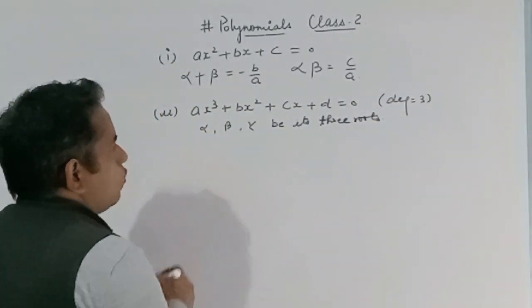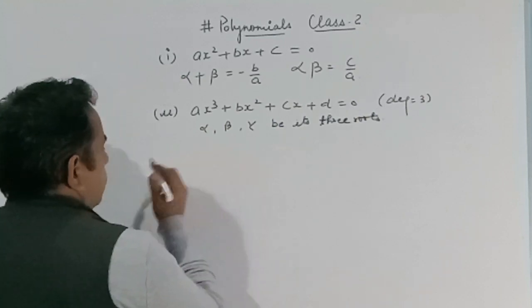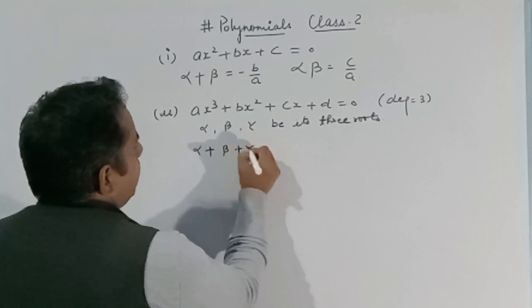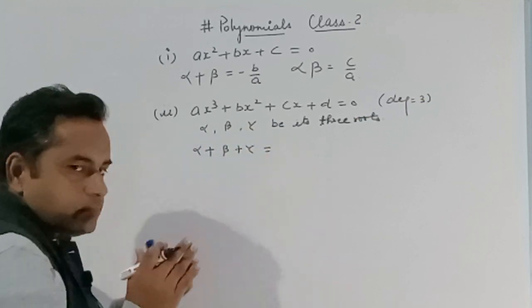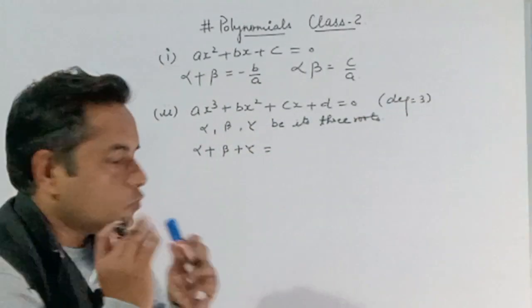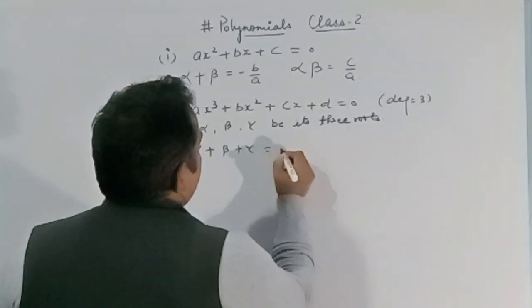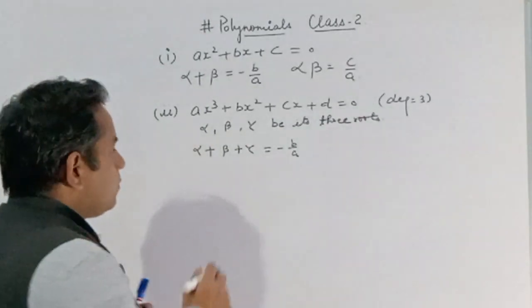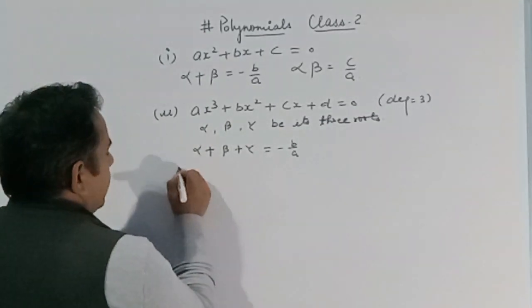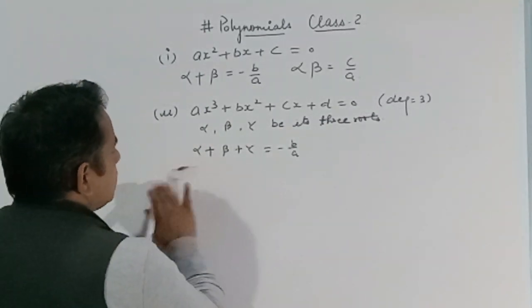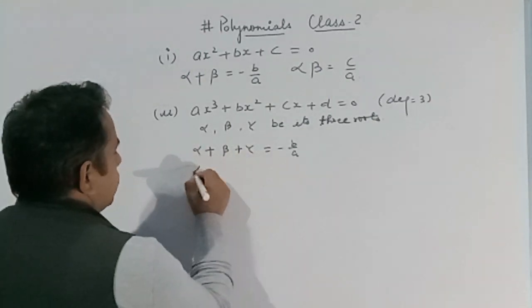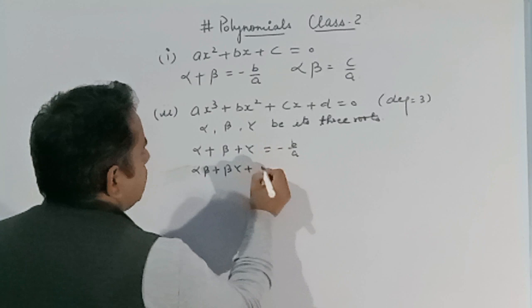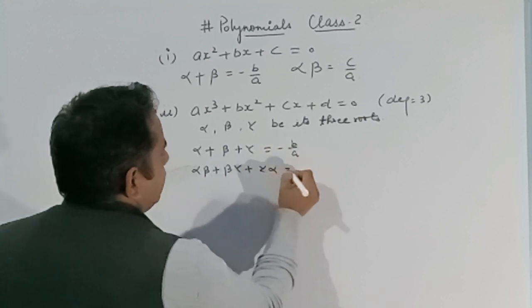Okay, so we will write here first alpha plus beta plus gamma, that means the sum of its zeros, will be equal to minus b upon a. Clear? Now we will write the sum of the products of the zeros, alpha beta plus beta gamma plus gamma alpha.